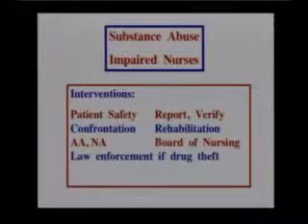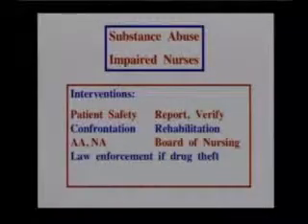And usually what happens is the nurse will either have their license temporarily suspended or be in the treatment program and be temporarily not employed. Once they complete the program, then they may be coming back to employment as a nurse. If they refuse treatment, the Board of Nursing is likely to revoke their nursing license. But that's a process that has to go through. It can't happen just overnight.